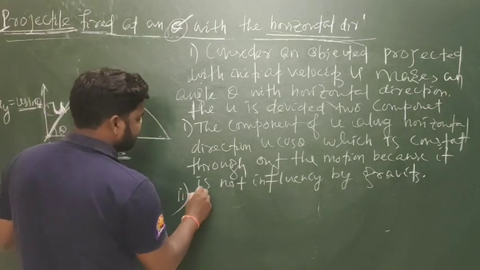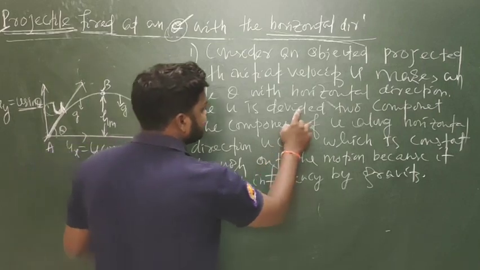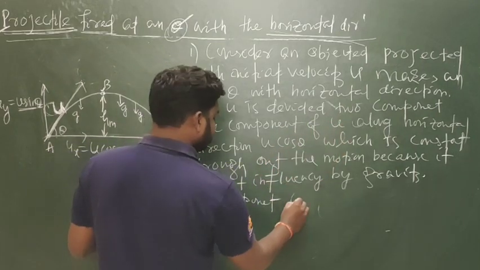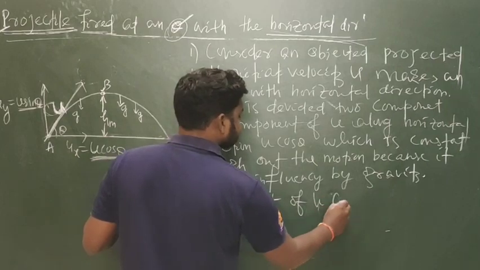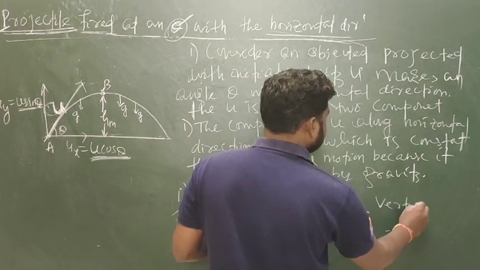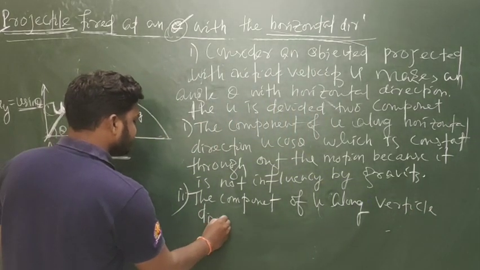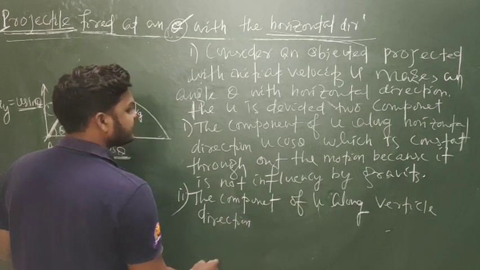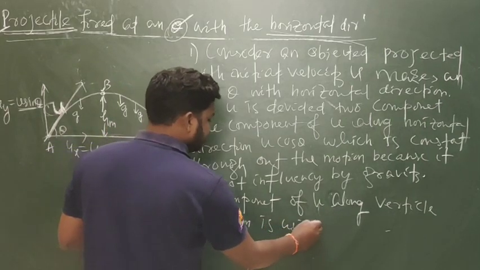So the component of u along the vertical direction is u sin theta.